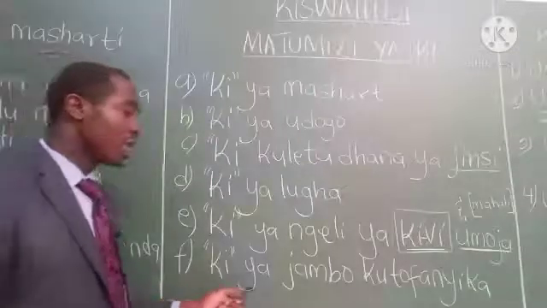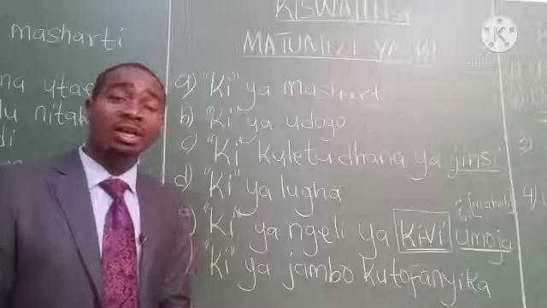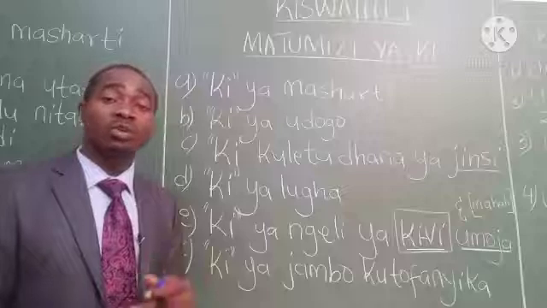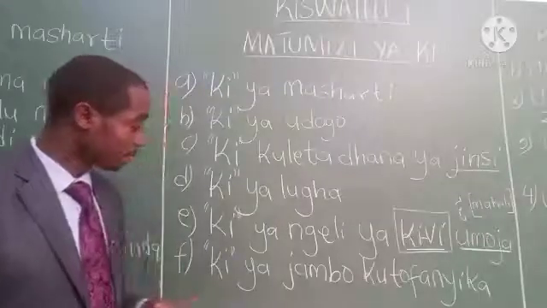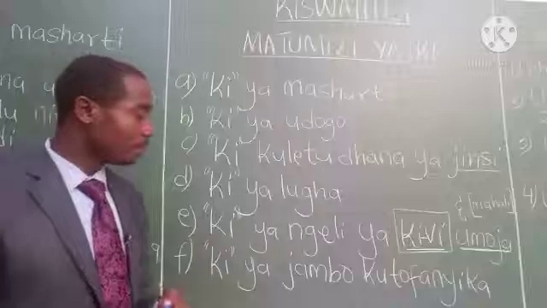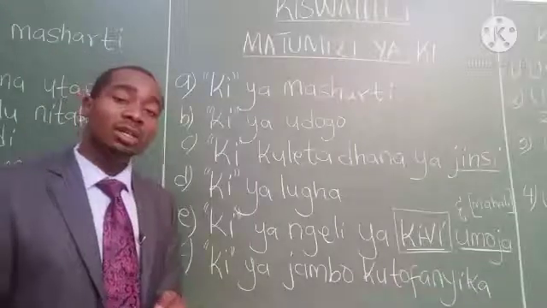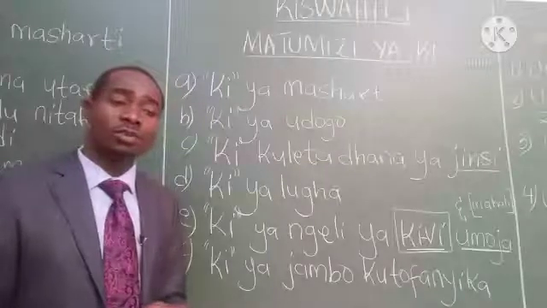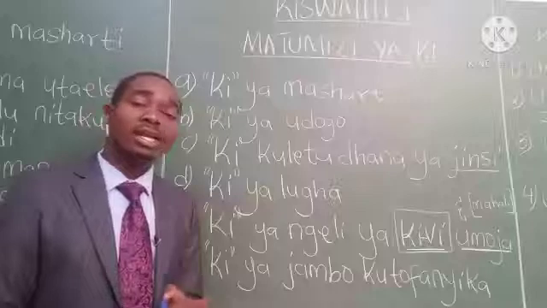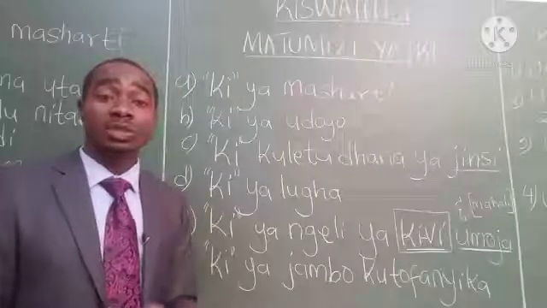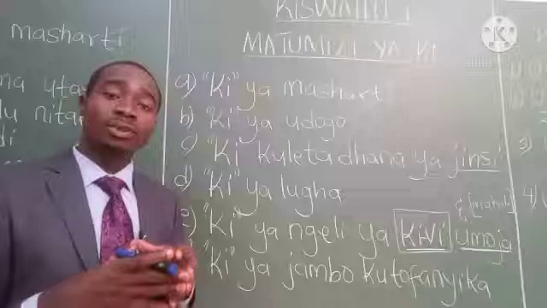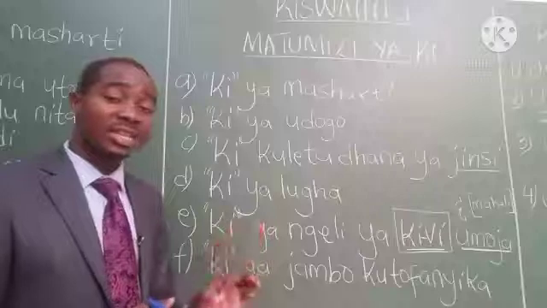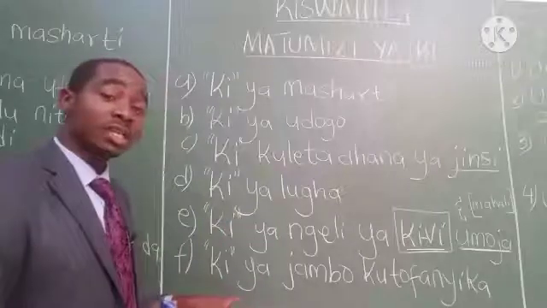Lastly, we have ki ya jambo kutofanyika. You know, recently I just put a video about the prepositional form of no. It was about the hali ya kutendeka. So some of the verbs in that form, when negated, use this key.